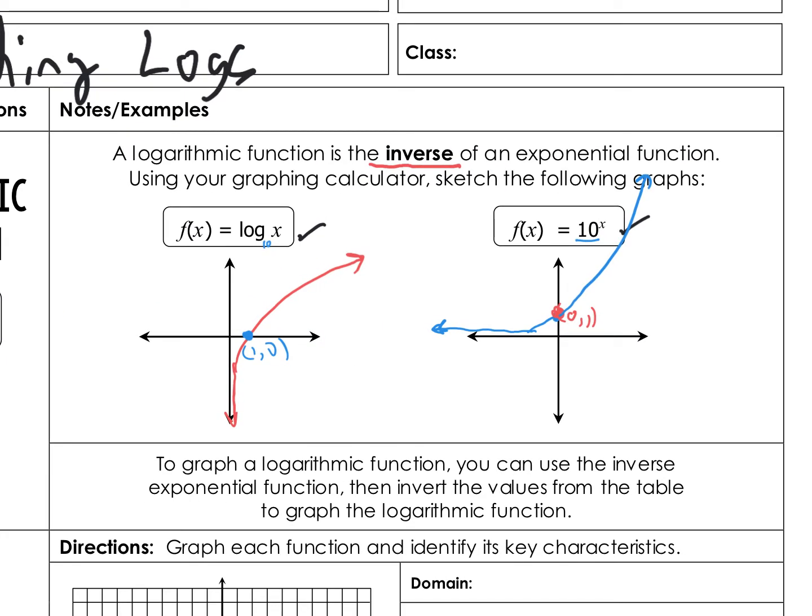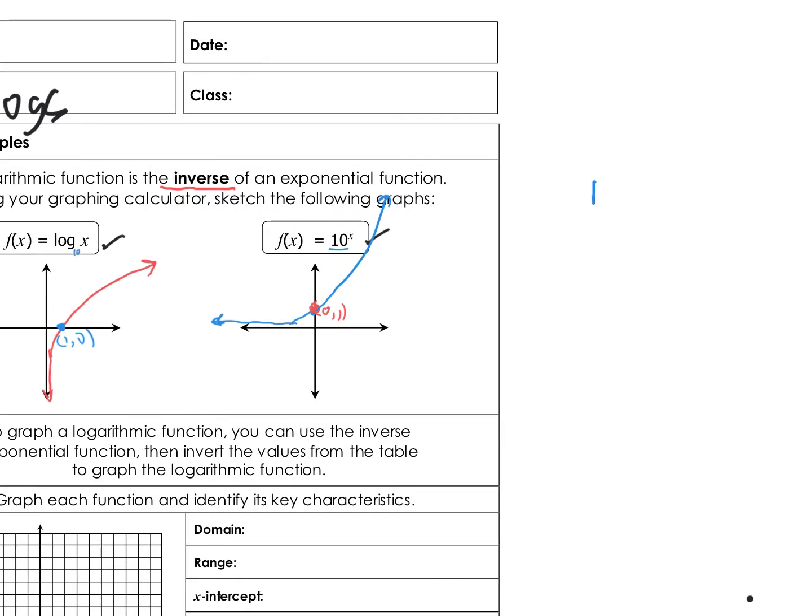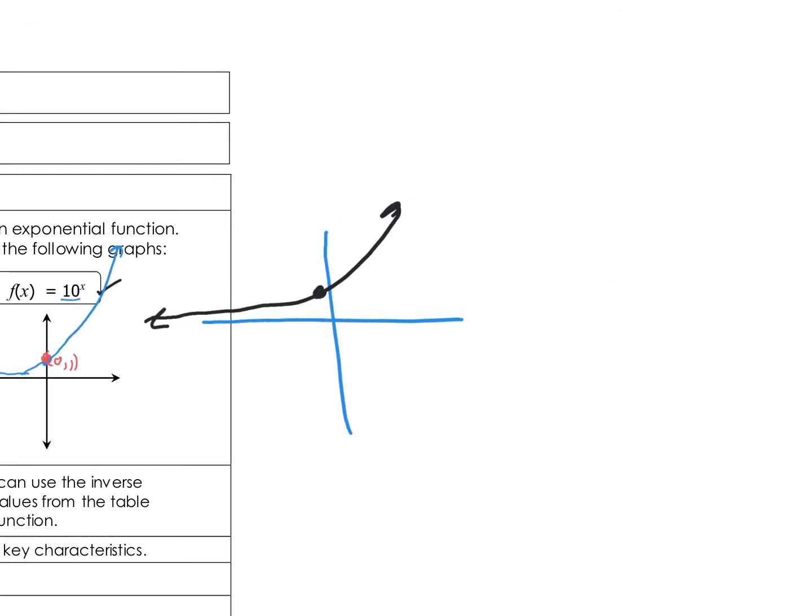Now, those two pictures, if you superimpose them on one graph, you have the exponential growth, then you have the logarithmic growth. Logarithmic growth did this.